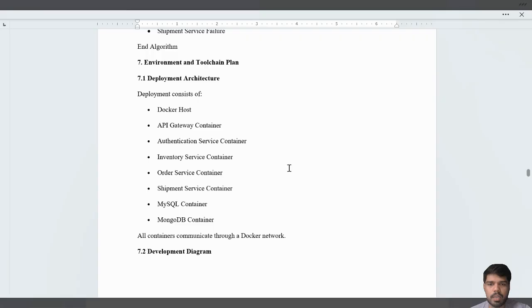Maven is used for dependency management and project building. Docker is used for containerization, allowing all services to run consistently across different environments. MySQL is selected for the authentication and inventory services because these services manage structured and relational data.